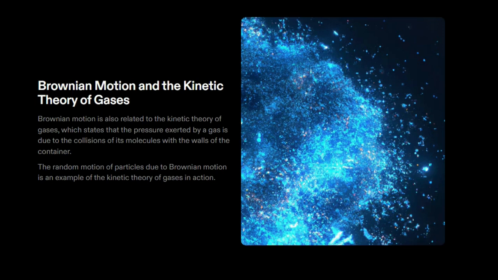And Brownian motion also explains that the particles are colliding, and they are moving in random directions. So the random motion of the particles due to Brownian motion could be connected to the kinetic theory of gases, which says that these particles are in random motion and they are constantly moving.